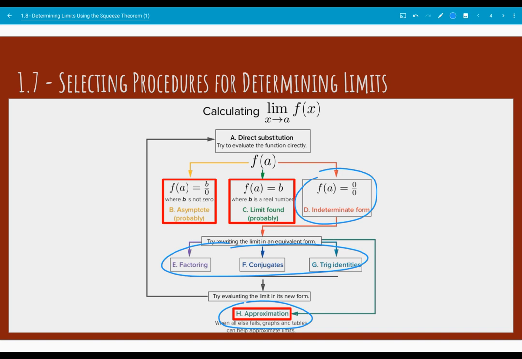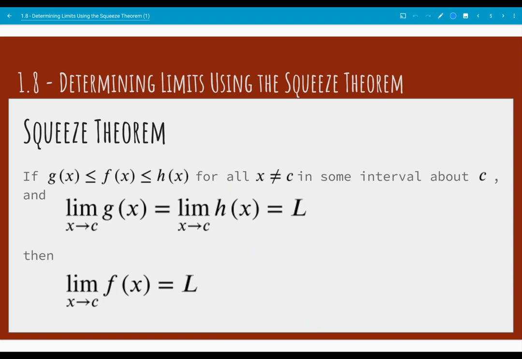We can get an idea of what a limit might be, but it's not a very rigorous method. So the squeeze theorem is going to give us a more rigorous method for evaluating some limits where these other options don't work. So let's start with just the formal definition of the squeeze theorem, which says this.